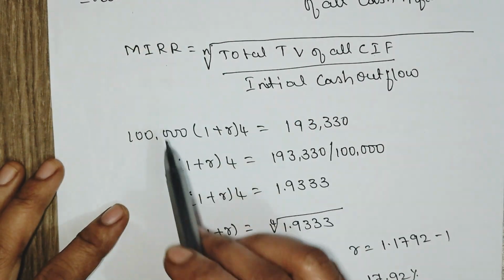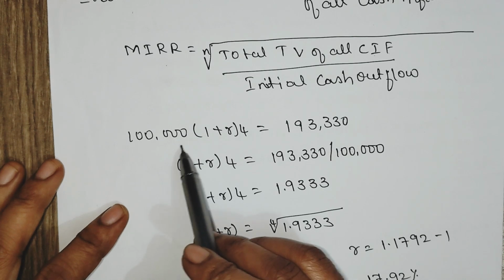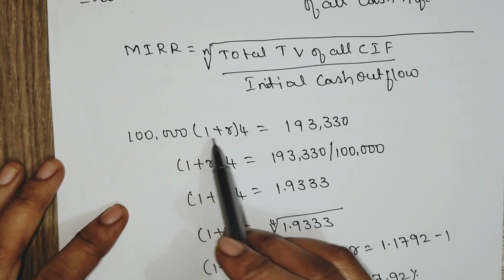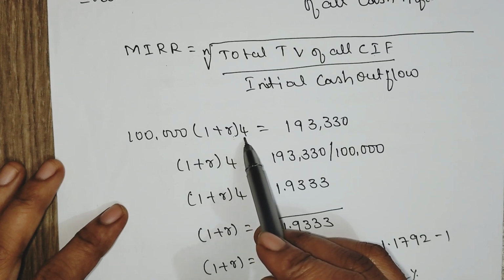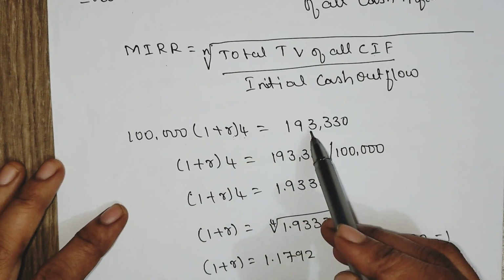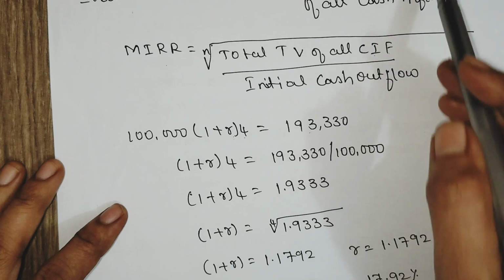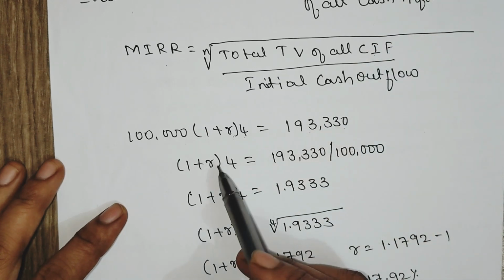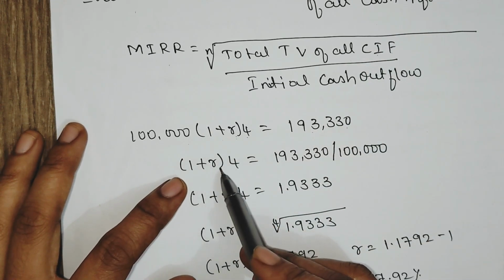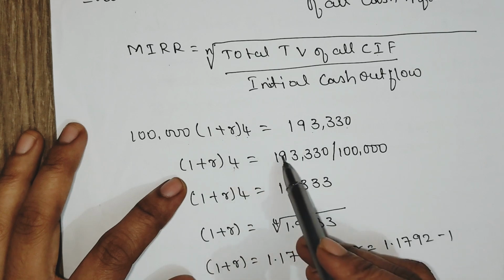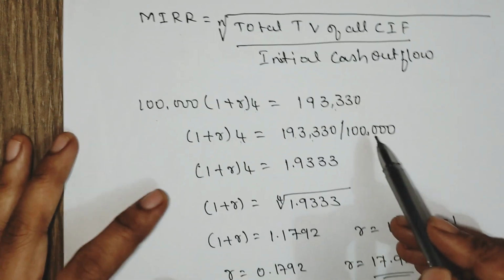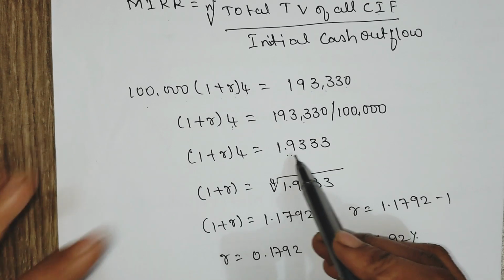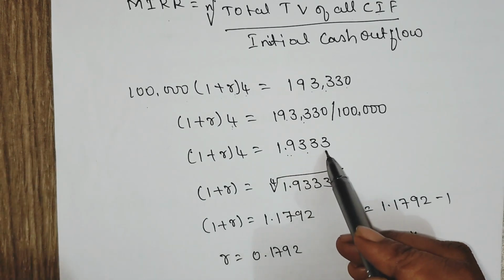So the initial cash outflow is 1 lakh, given at year 0, into (1 plus R). R is what we are finding, N is the number of years, which is 4, and 1,93,330 is the total terminal value. Now (1 plus R) to the power 4 is 1,93,330 divided by 1 lakh, which gives 1.9333.